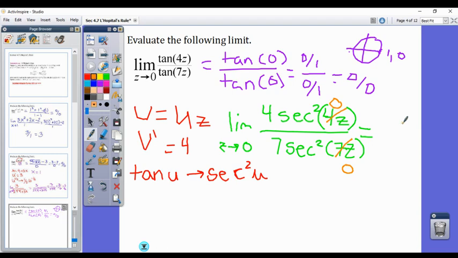So what is the cosine value at 0? Well, that's our x, so that's going to be 1. So when I substitute in 0 and evaluate secant squared at 0, I'm going to end up with 1. So 4 times 1 over 7 times 1 is going to give me 4/7.